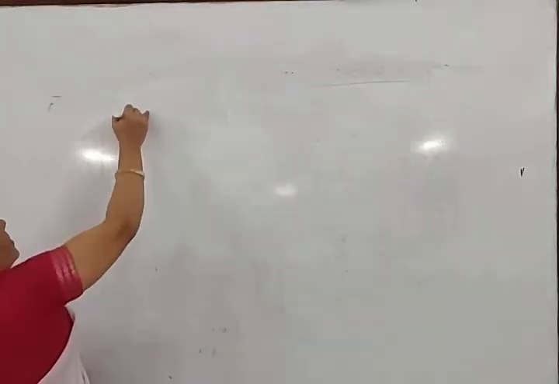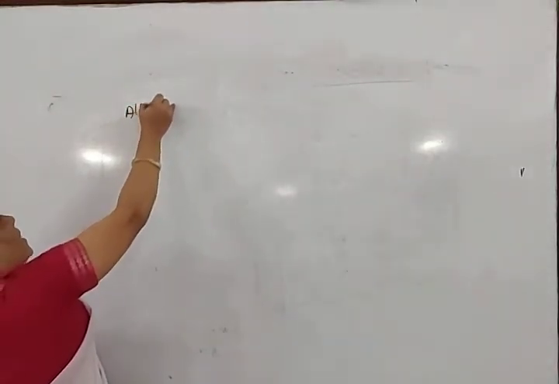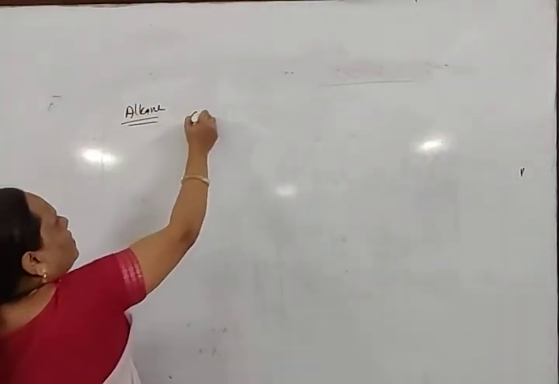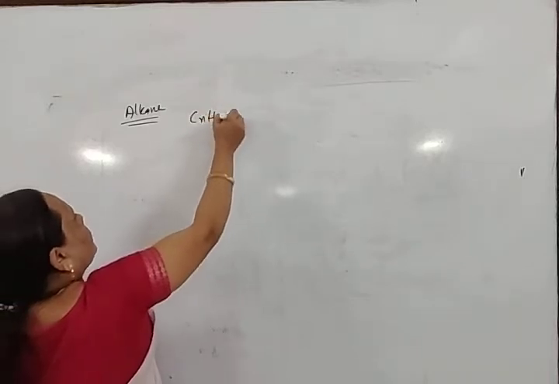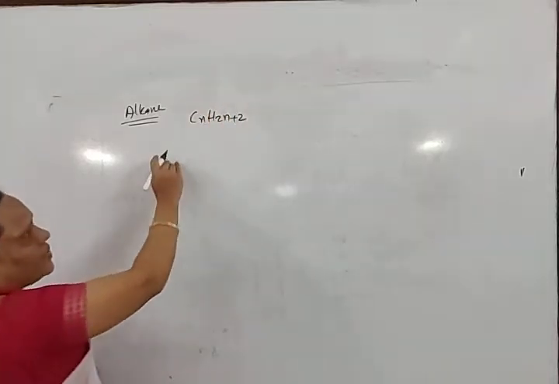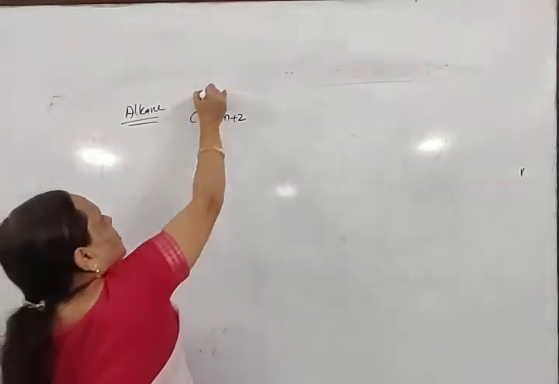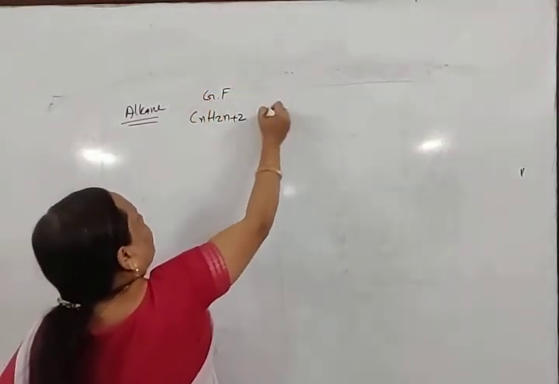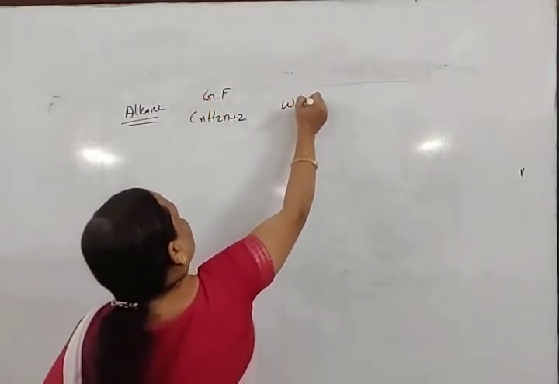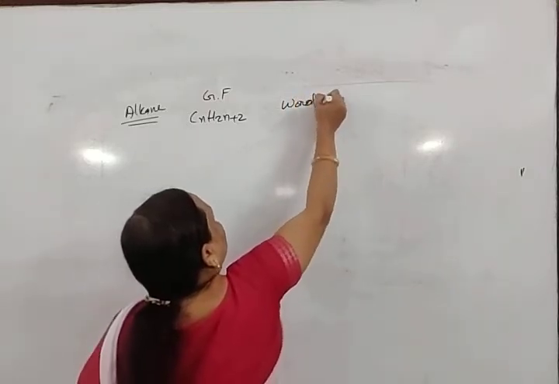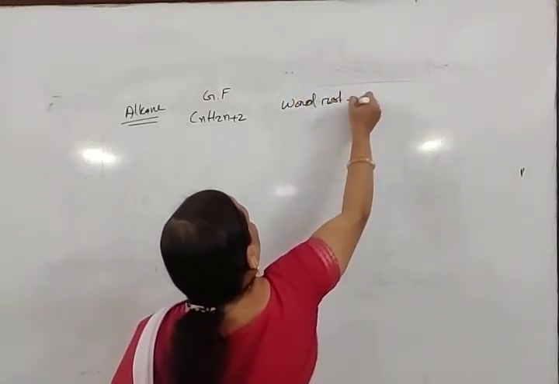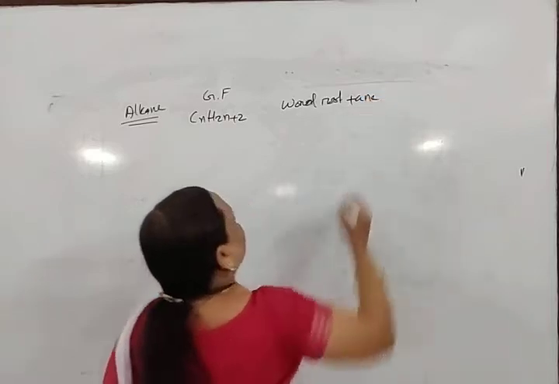For alkane, the general formula is CnH2n plus 2, and the name is word root plus ANE.